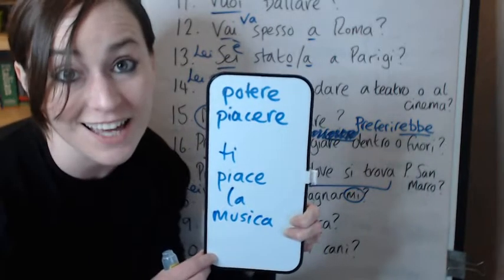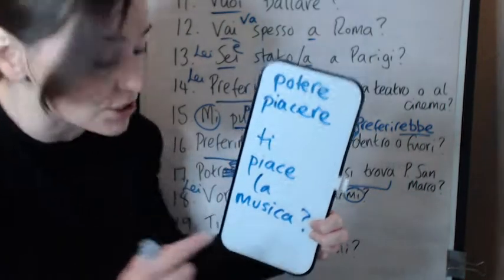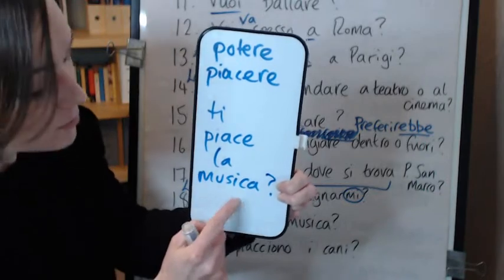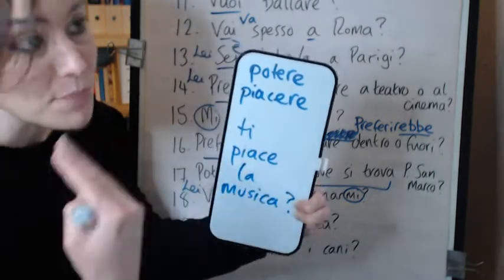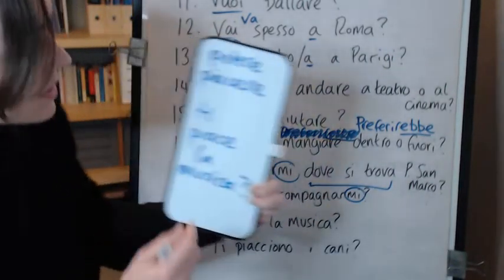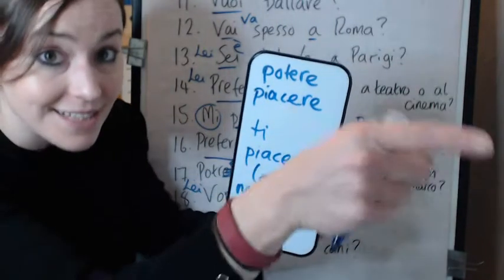Ti piace la musica? Sì, mi piace la musica. So the thing that changes is not the verb piacere, because that agrees with music. Music, it is pleasing to me. So mi piace means it is pleasing to me. That's the me bit. Ti piace means it is pleasing to you, a te.